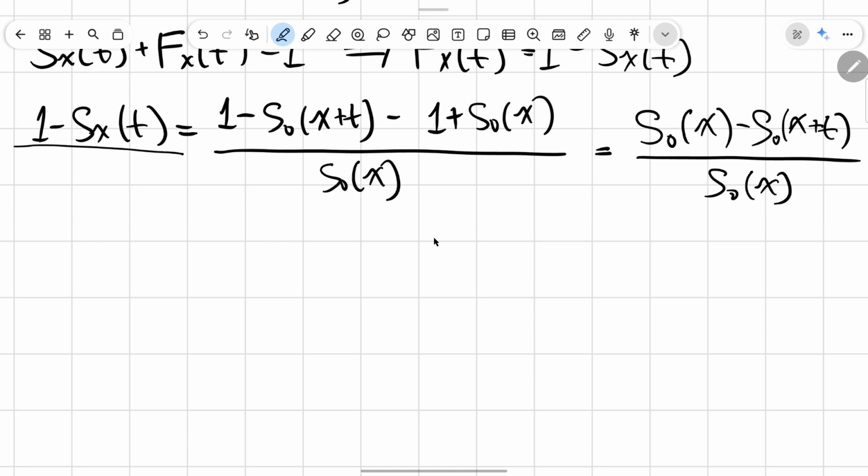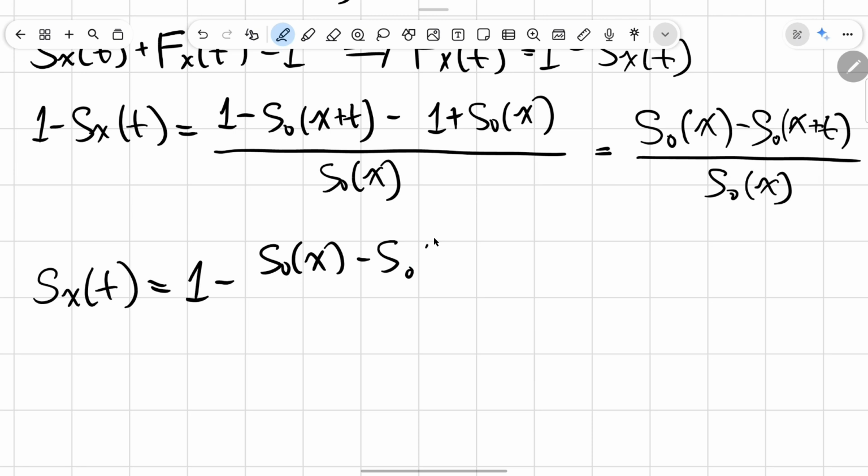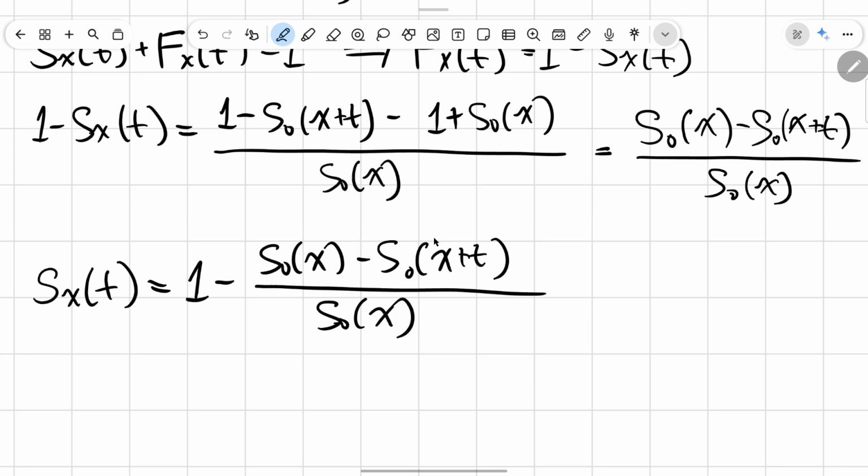Okay, now let's fix it more. So we will isolate Sx of t. So Sx of t is equal to 1 minus S0 of x minus S0 of x plus t over S0 of x. And then we can write 1 as S0 of x over S0 of x.